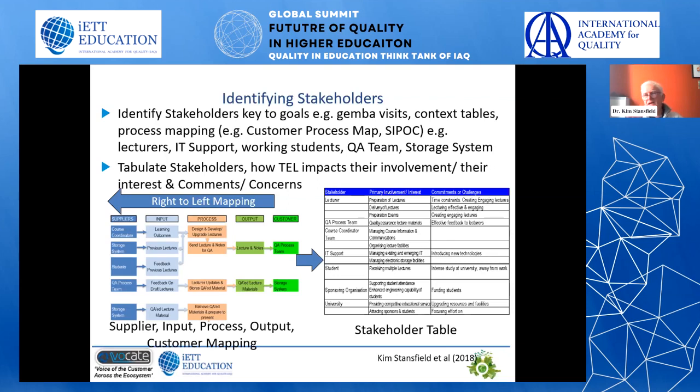So all I've done here is I've captured a subset of the SIPOC involved in looking at higher education apprenticeship degree teaching. So starting from the customer at the right, defining the customer, working out what outputs they need, which processes produce those outputs, what are the inputs, and what are the suppliers, and then capturing that information, having mapped it, to then properly lay out, so who are the stakeholders, what are their primary involvement and interests, what are their commitments or challenges that they have.